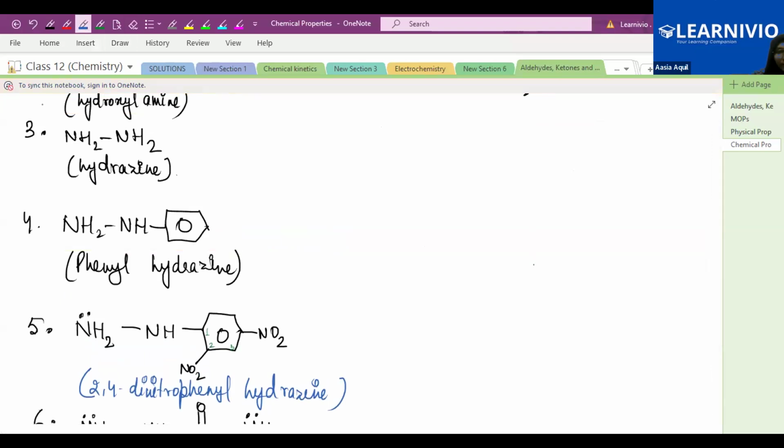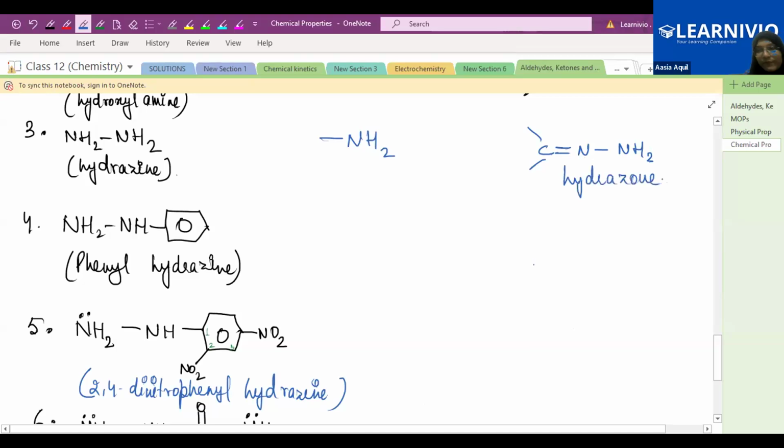Okay. Yes, Jupiter. Tell me the first one, third one for hydrogen. What is the Z group? NH2. And what is the product? C double bond N, NH2. Yes, very good. Now you got my point. This is known as carbon double bond nitrogen, and here, if NH2 is attached, then we call it a hydrazone.